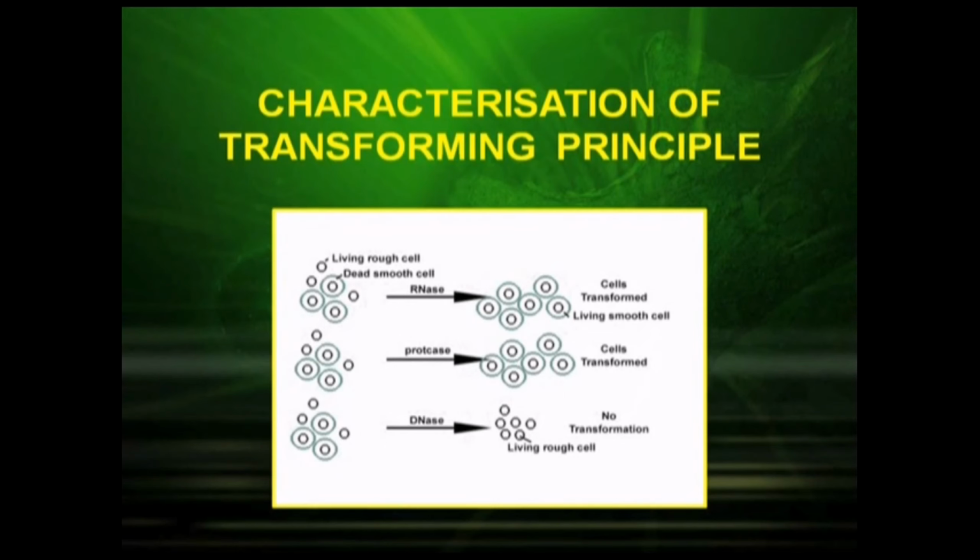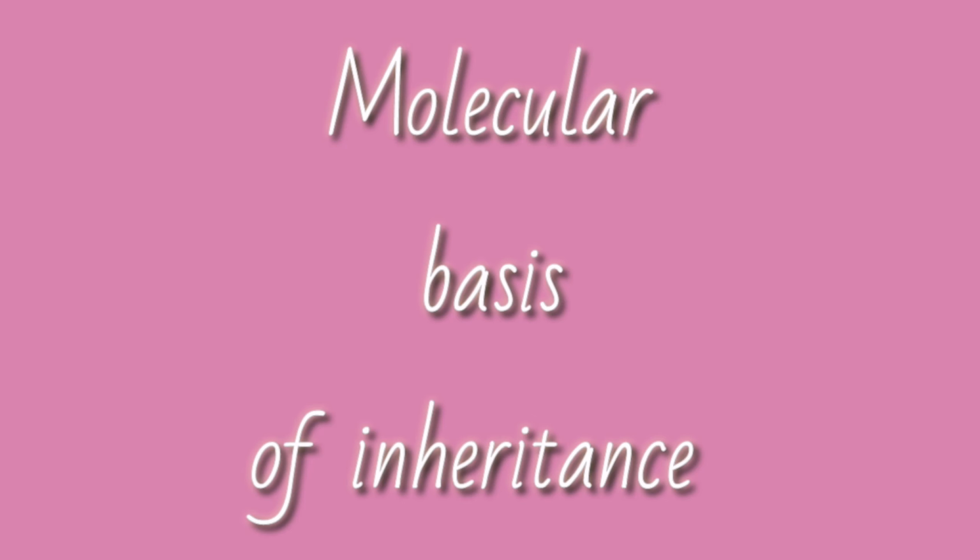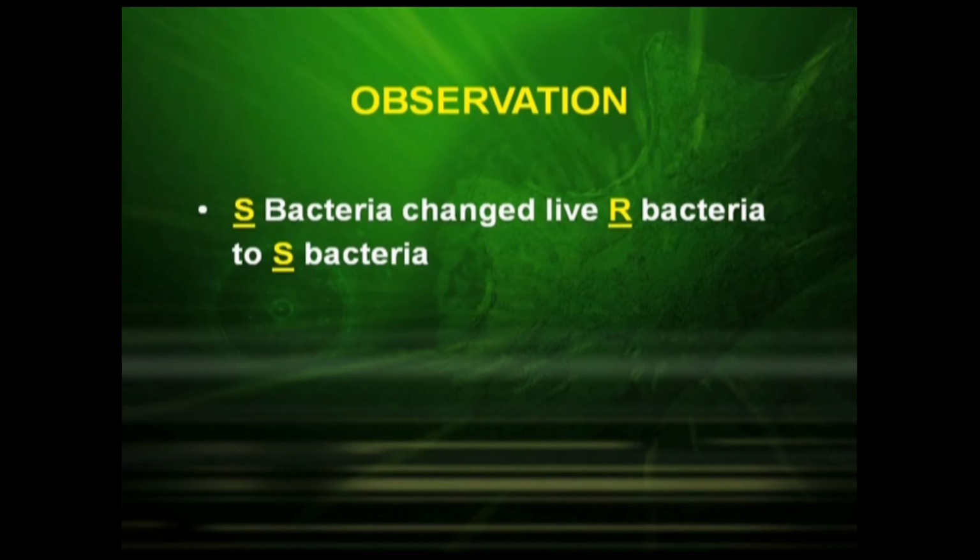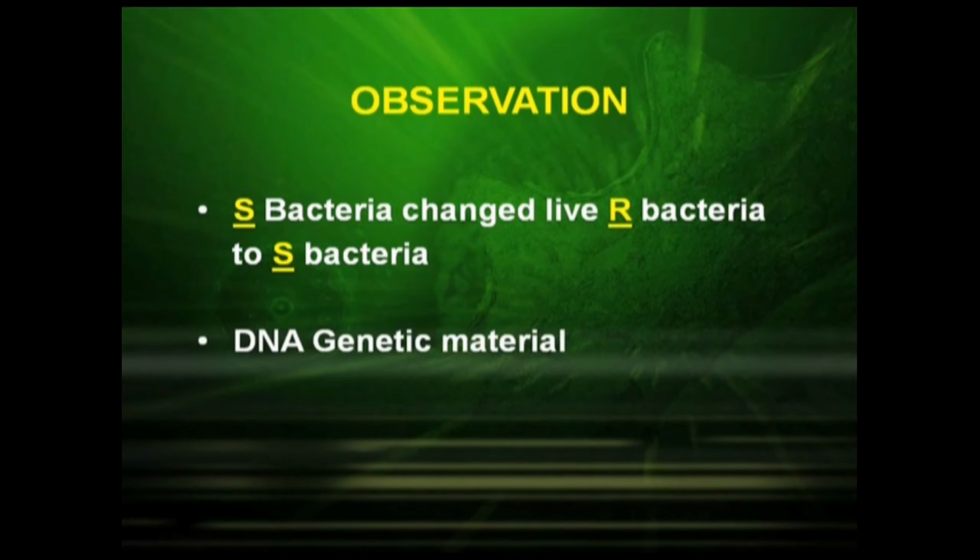On the other hand, proteases and RNases did not affect the transformation. So that clearly proves that DNA is the genetic material. So their observation was that S bacteria changed live R bacteria to S bacteria, and so the mice died. And that was the characterization by the scientists that DNA is the genetic material.